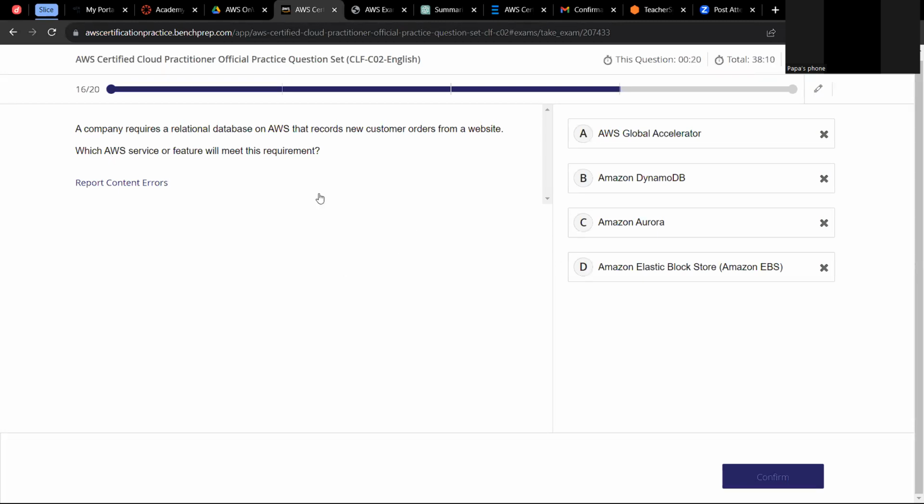A company requires a relational database on AWS that records new customer orders from a website. Which AWS service or feature will meet this requirement?